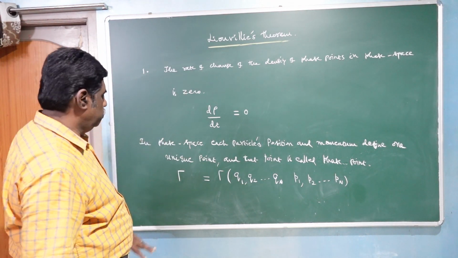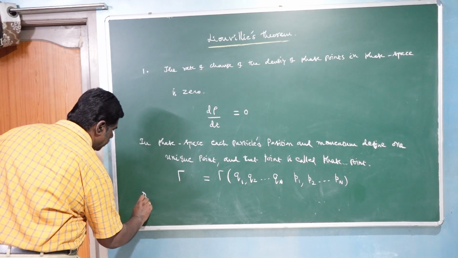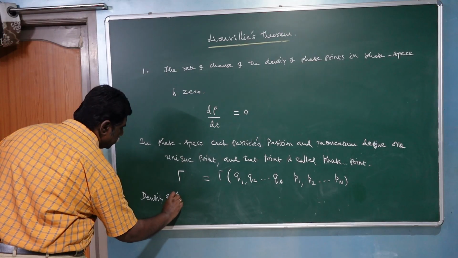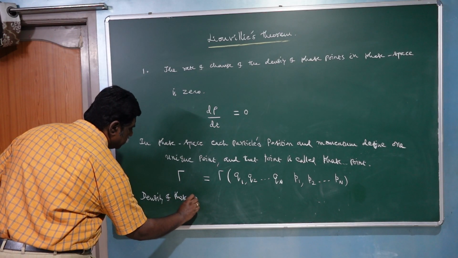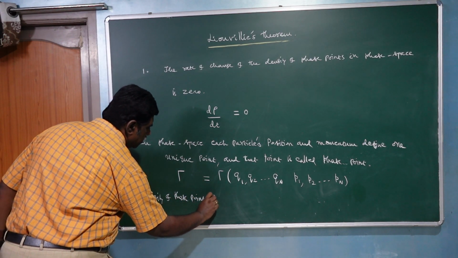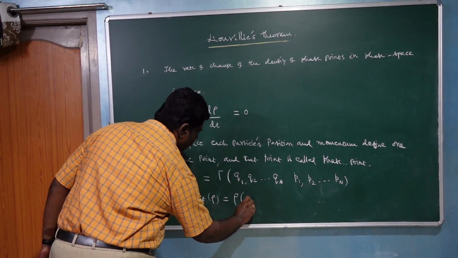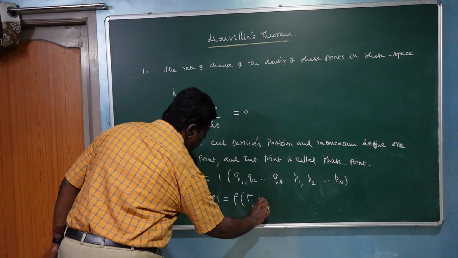Now the density of phase point. The density of phase point, rho, is a function of gamma comma t.